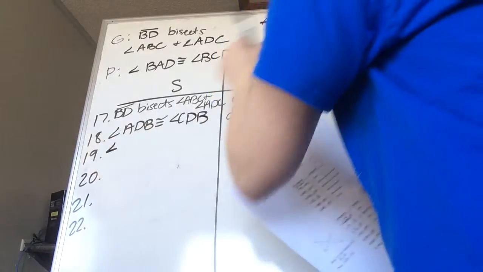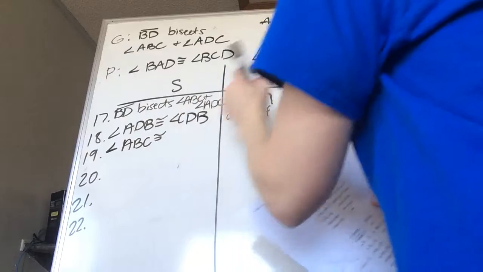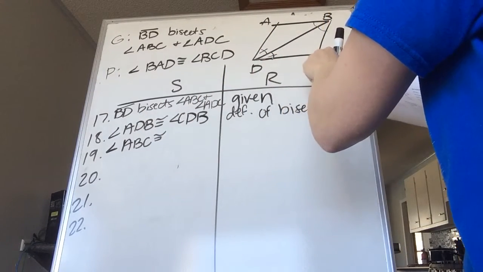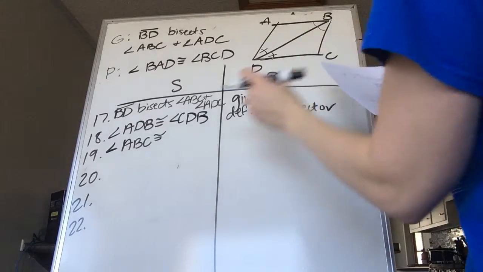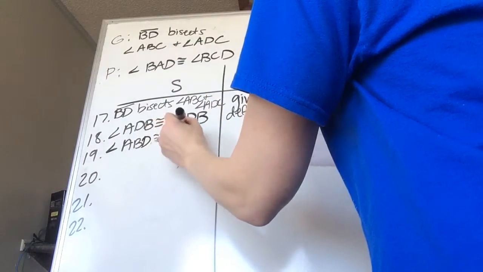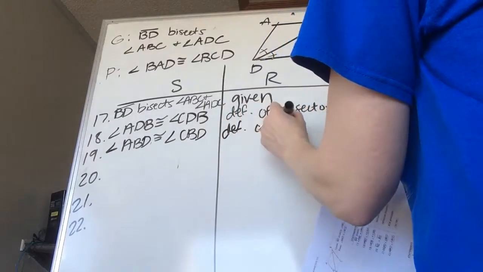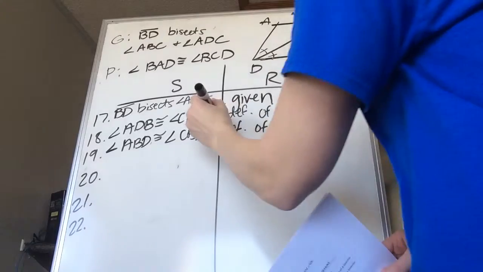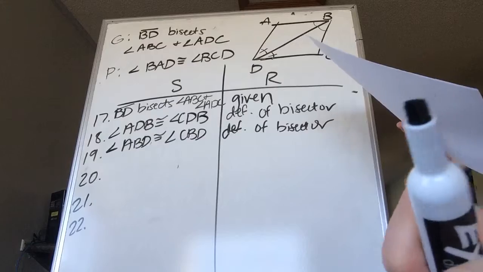And angle ABD is congruent to angle CBD because of the definition of bisector, because it bisected both angles, so it gave us two sets of congruent angles. So that's our angle and an angle that are set up.